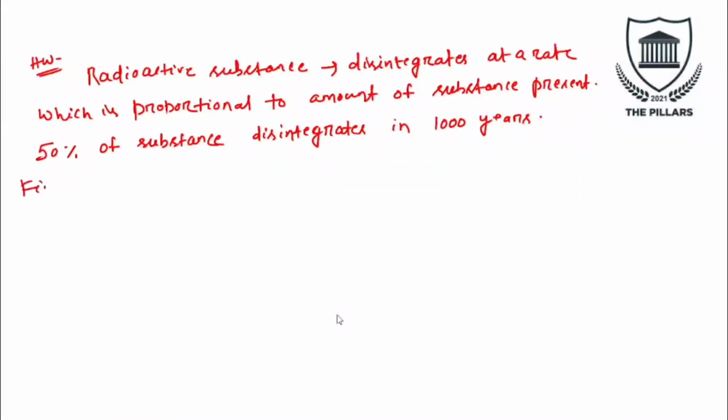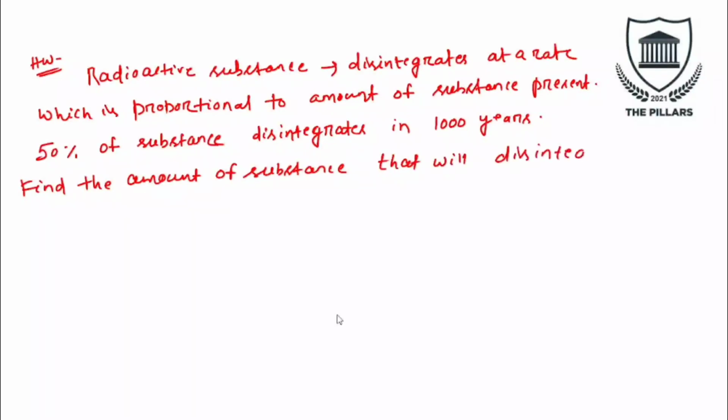So find the amount of this substance that will disintegrate in 50 years. And here you can take e to the power x as 1 minus x.